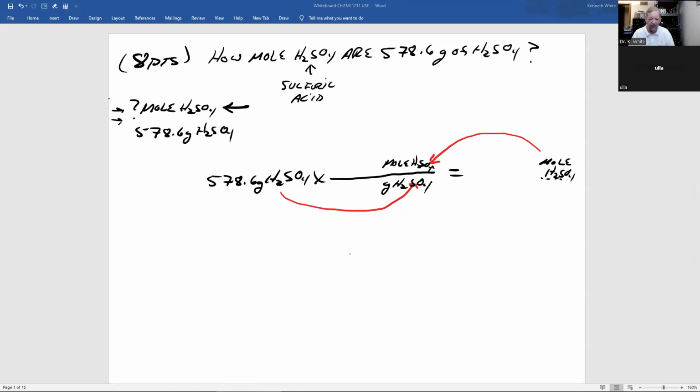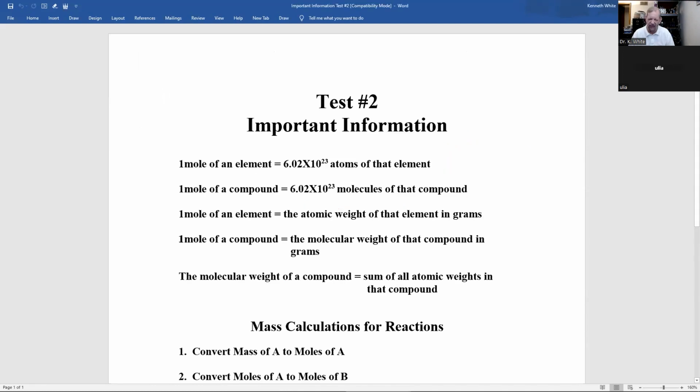Well, if you look at important information, test number 2, 1 mole of a compound equals the molecular weight of that compound in grams. Oh, I didn't give you the molecular weight. Well, it also tells us that the molecular weight is the sum of all atomic weights. So now how do we do that? We look at our periodic table.